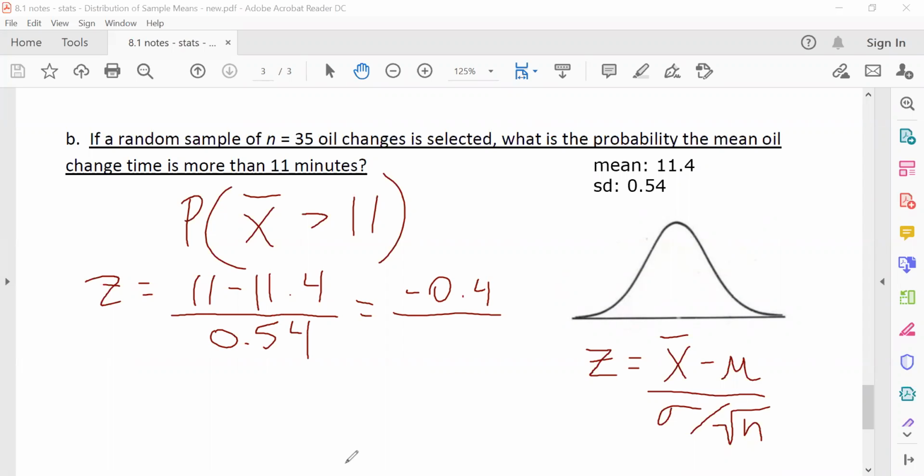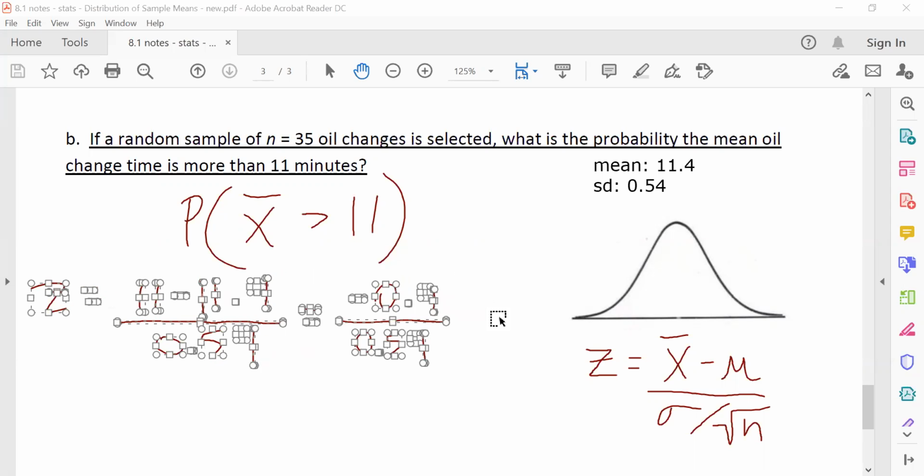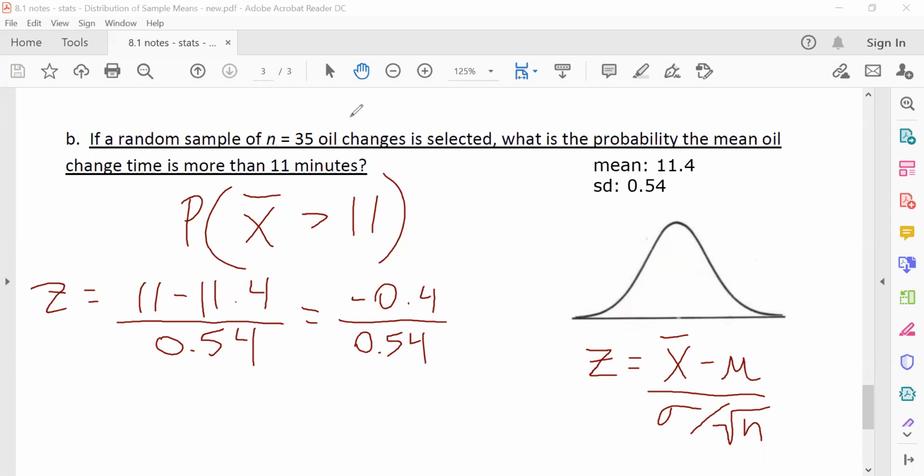Negative 0.4 divided by 0.54. Remember, you got to round your z-score to only 2 decimal points because your z-table only has 2 decimal points. You're going to get a z-score of about 0.74, and we'll round it to 2 decimals.